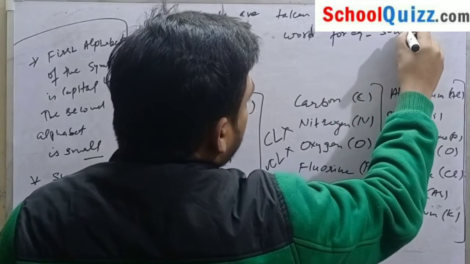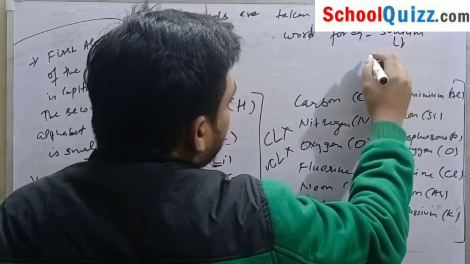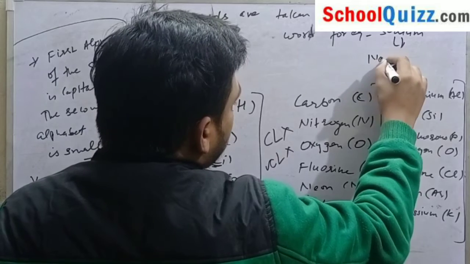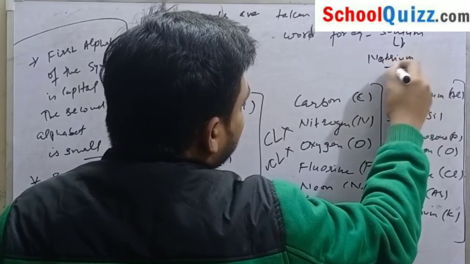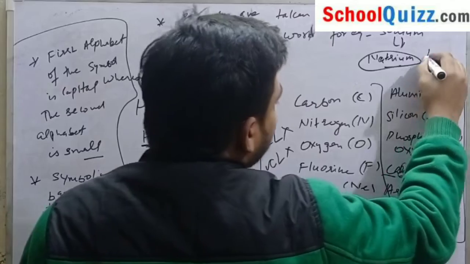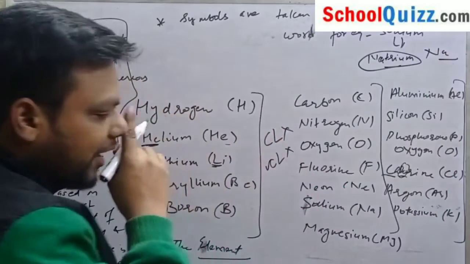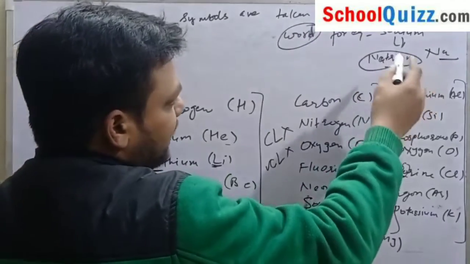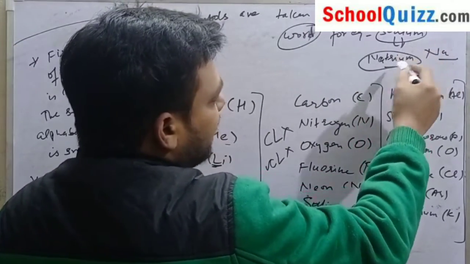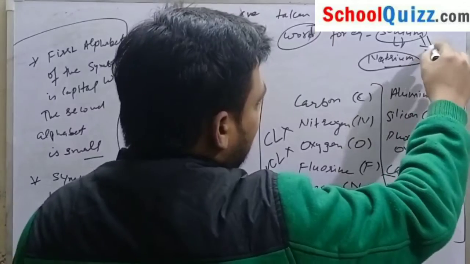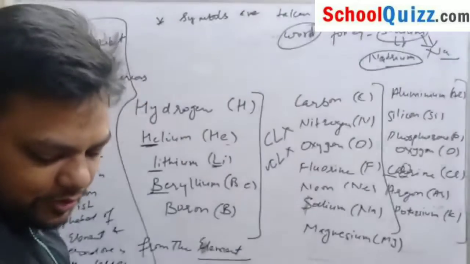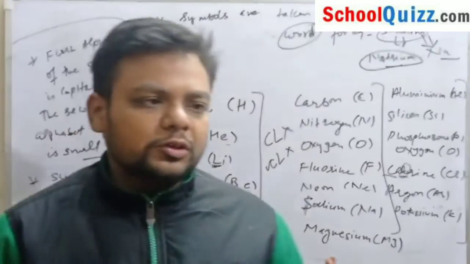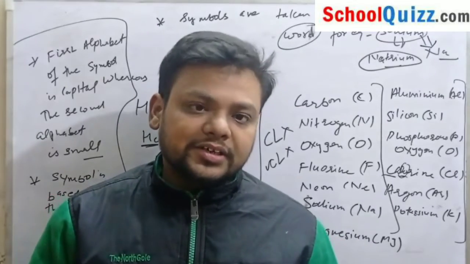For example, if we take sodium, sodium's Greek name is natrium. So its symbol is based on that, that is Na. Don't get confused. Some are based on the Greek words of the elements. For example, sodium, its Greek word is natrium, so it is Na. So these are the three basic rules which we have discussed.